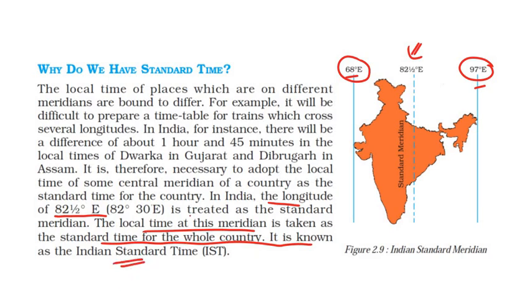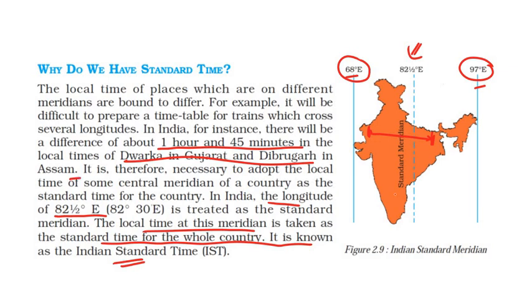In this way we will not have trouble. For example, it would be difficult to prepare a timetable for trains which cross several longitudes in India. For a train traveling from this place to this place, if we have local times, how are we going to prepare the timetable? There is a difference of about 1 hour and 45 minutes in the local times of Dwarka in Gujarat and Dibrugarh in Assam.